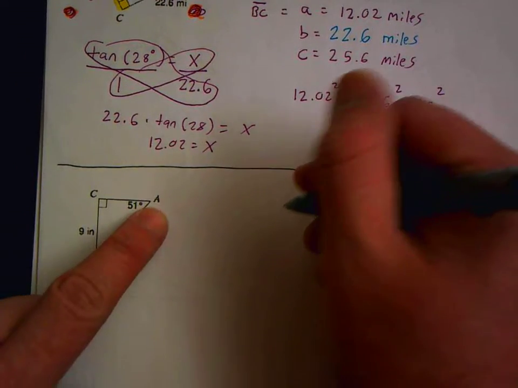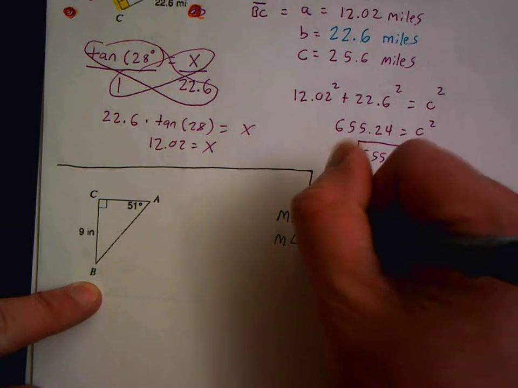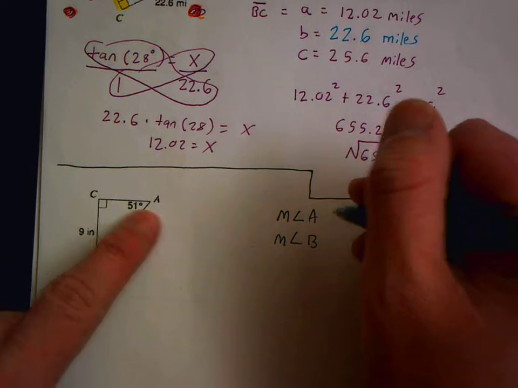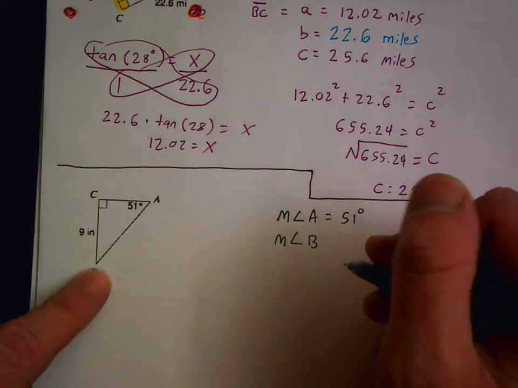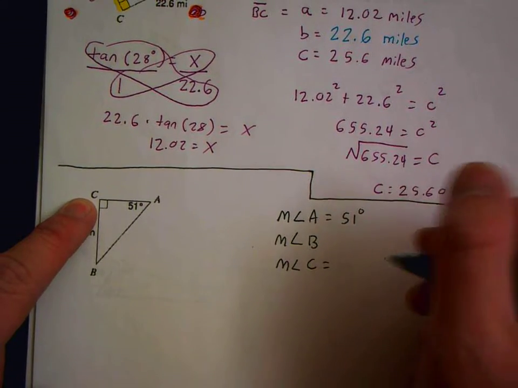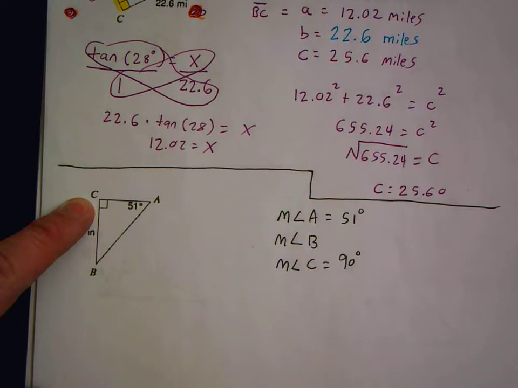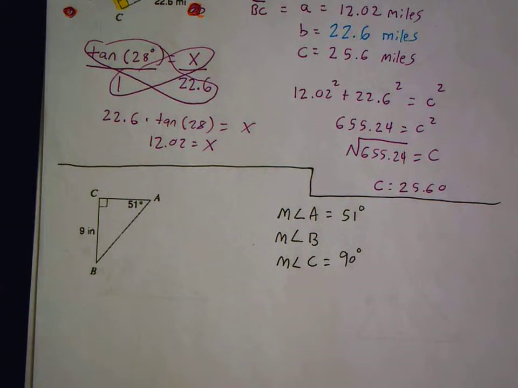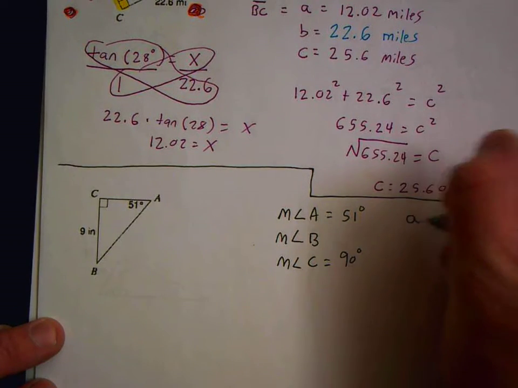So we need to find the measure of angle A, measure of angle B, and I already know A is 51 degrees. I'm going to put that down. I need to find measure of angle C, which I already know is 90 degrees. And just because I'm running out of room, I'll put little a over here.